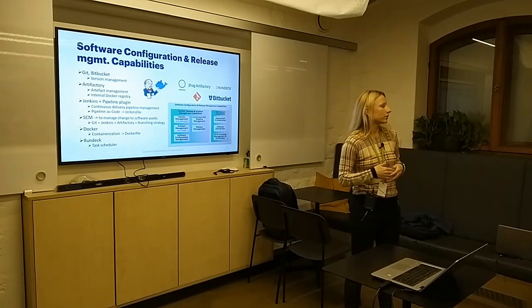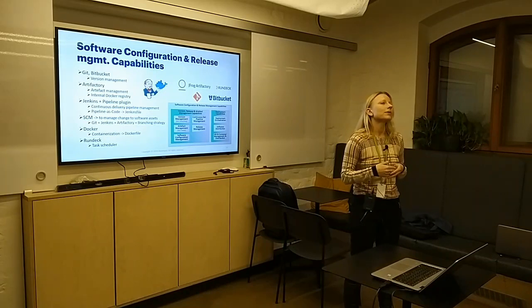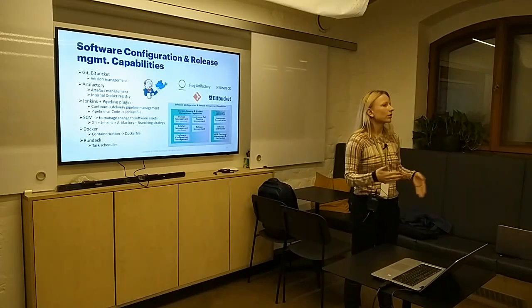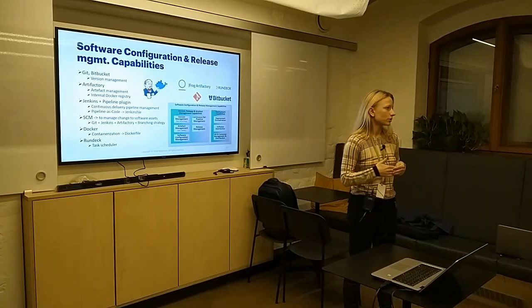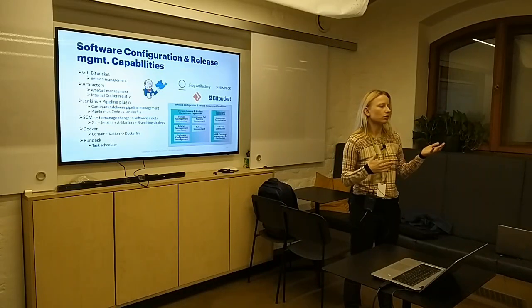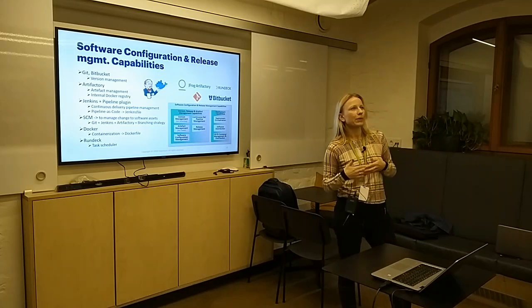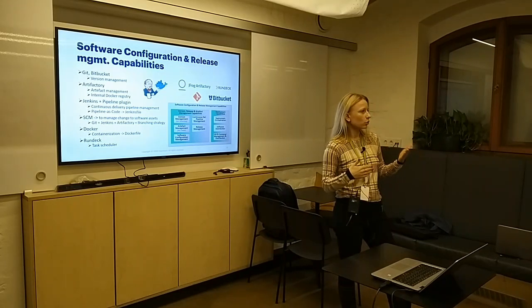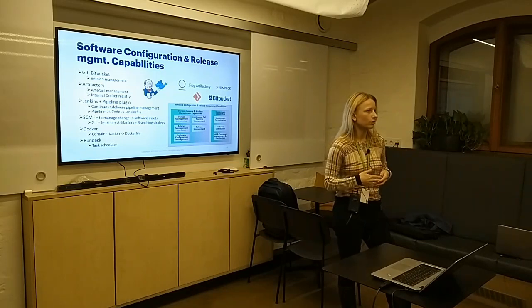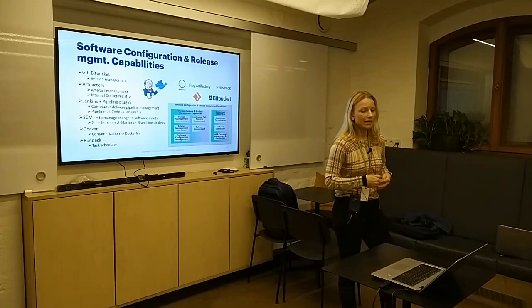And we use Rundeck. It is a task scheduler. In our pipelines, when we need to deploy something, we execute Rundeck jobs. You can configure one job and specify multiple environments in Rundeck, and this job will go one by one through each environment.